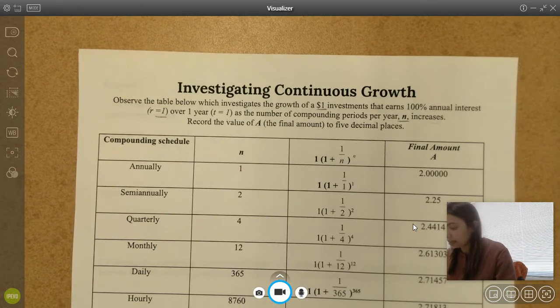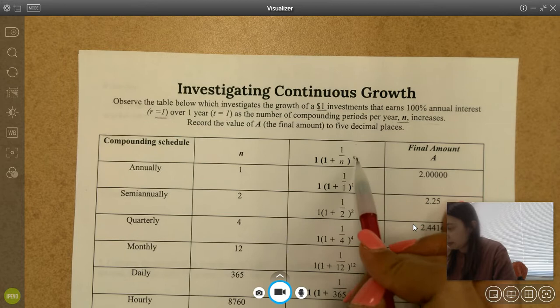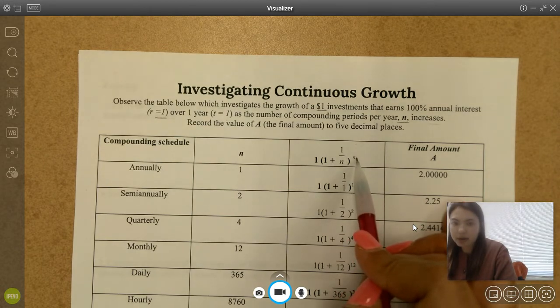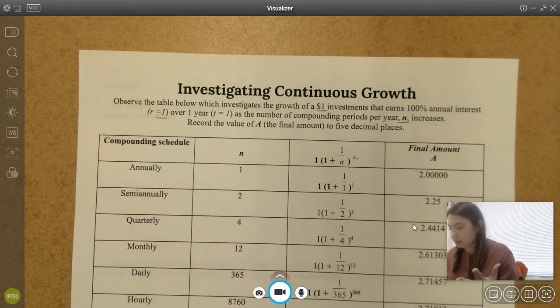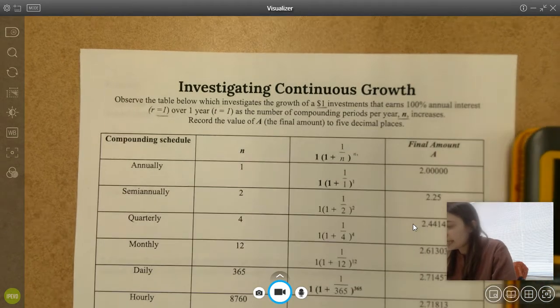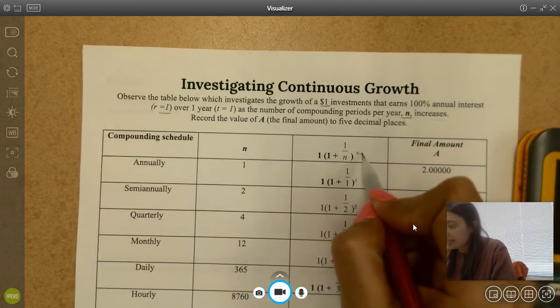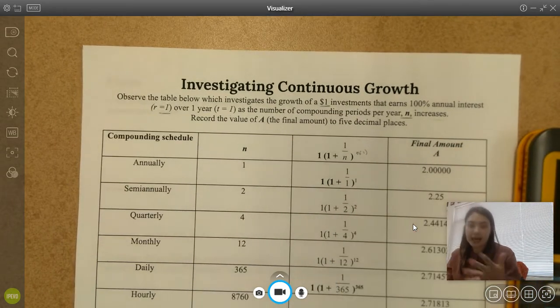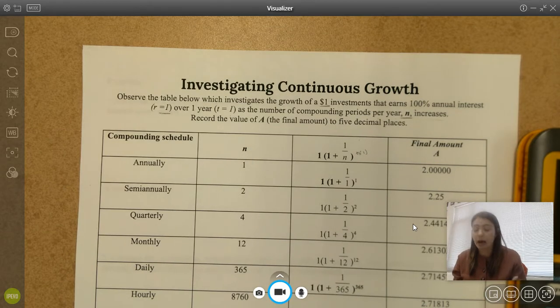It is a little bit different than the compound interest formula because there is no t there, but this is just us trying to figure out the growth part of it. And t is always 1, so really this is n times 1 constantly, and anything times 1 is just itself.